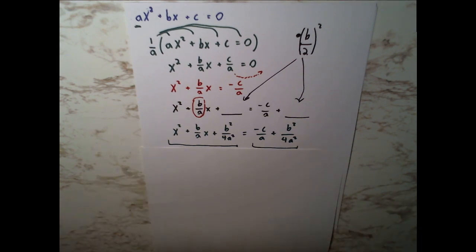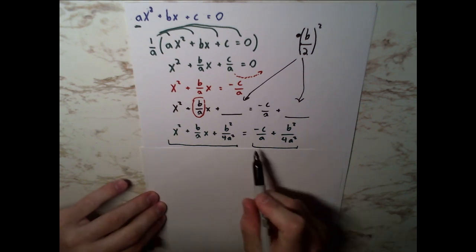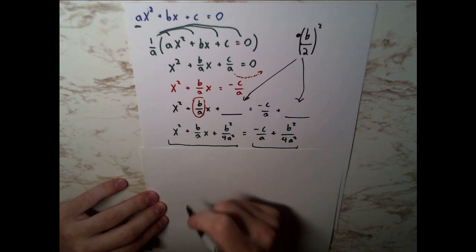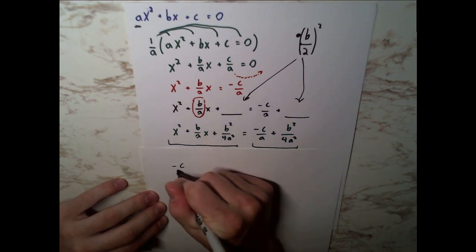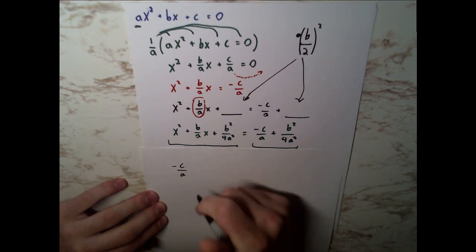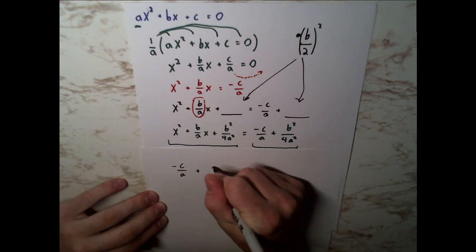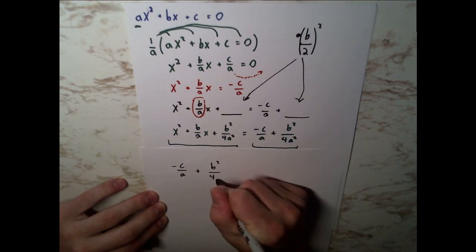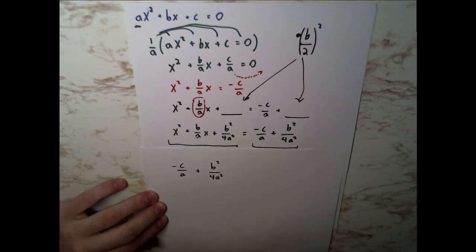But it shouldn't be too bad. I'm just going to rewrite this and we'll find a common denominator and simplify. So we're going to have negative c over a plus b squared over 4a squared.